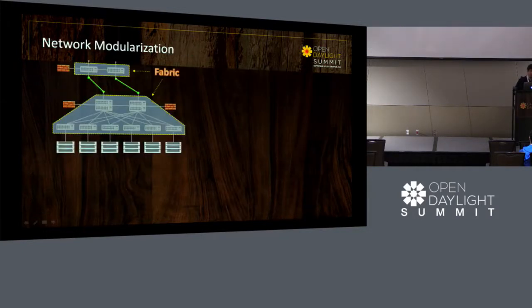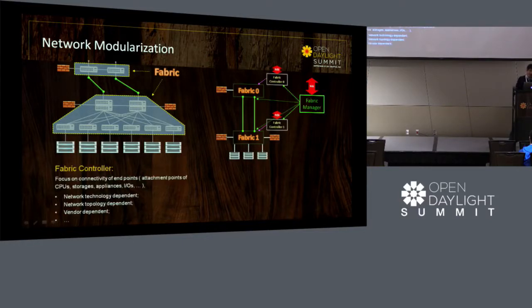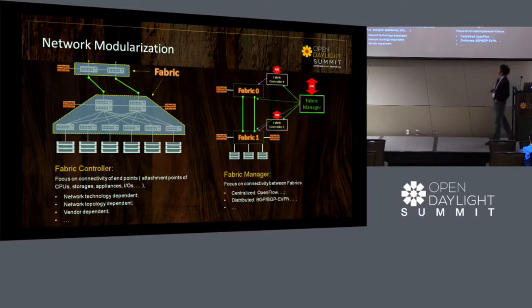Here is what we do. So, fabric definition. One fabric is under one controller or one protocol, which uses the same way to manage your resources, to control your resources, to assign your resources.